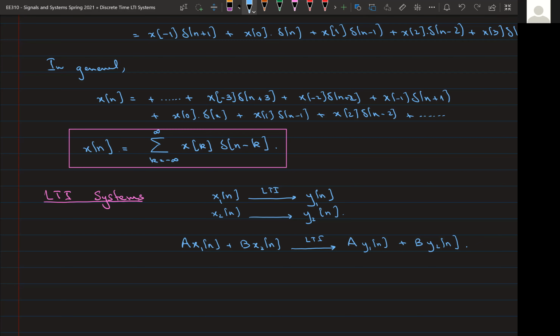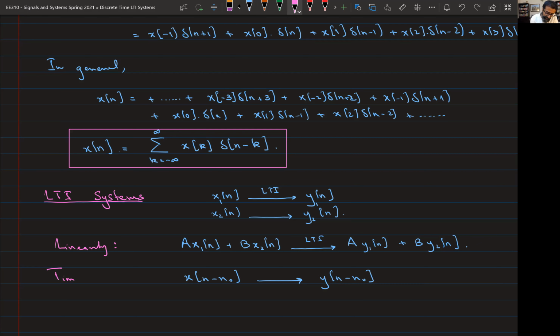Sir, time invariance is like, if we bring in any time delay in the input, we're going to get the same time delay in the output too. So that would be time invariant. Excellent. So if I shift the input by n naught, the output is also going to be shifted by the same amount, and that's time invariance.